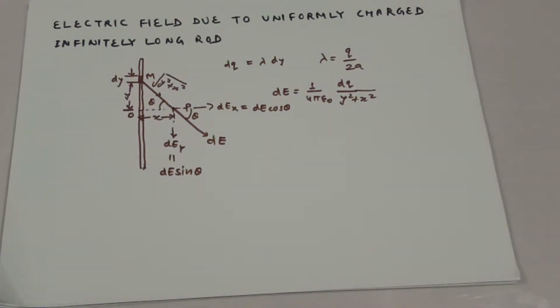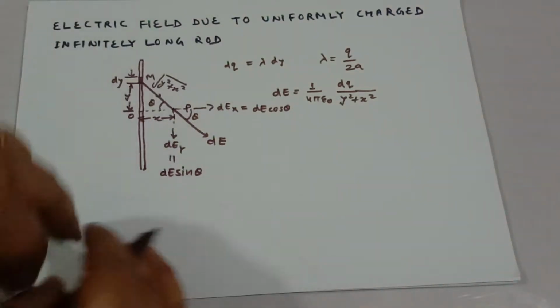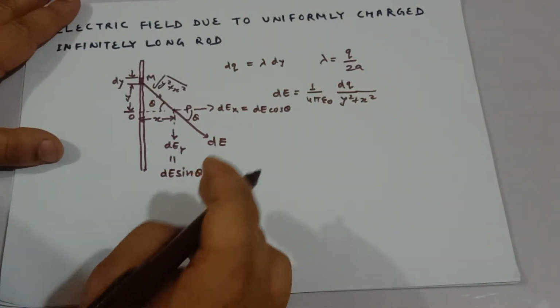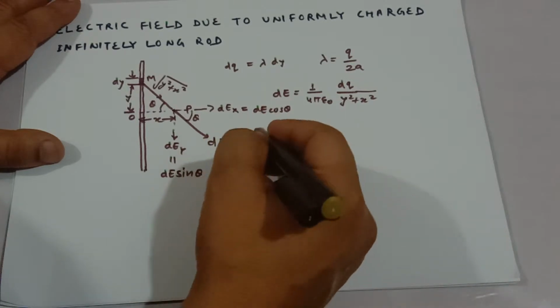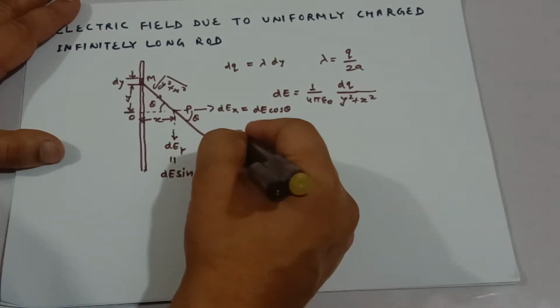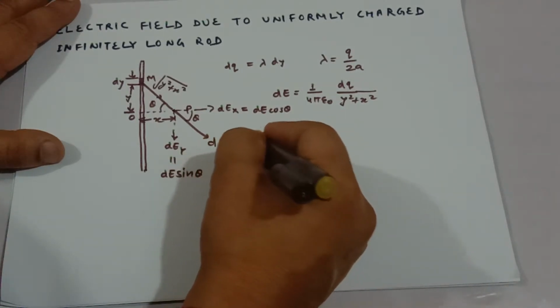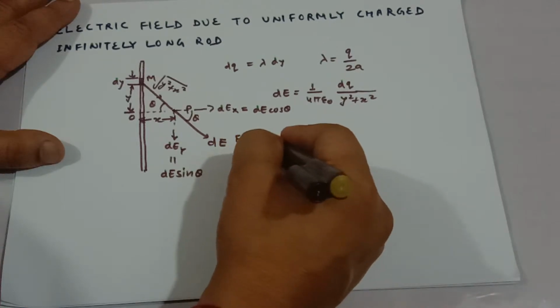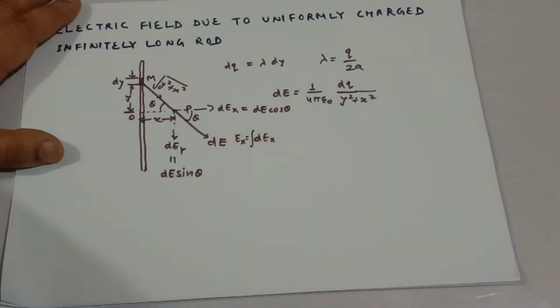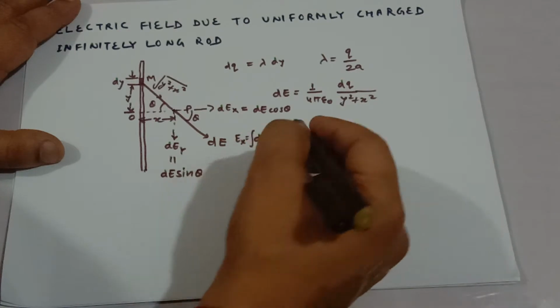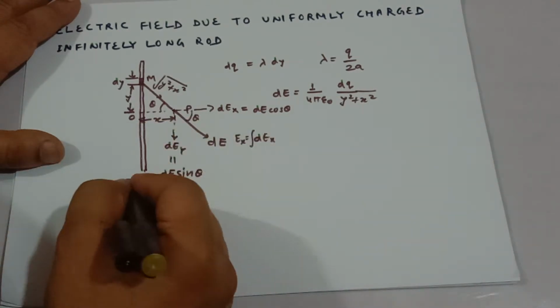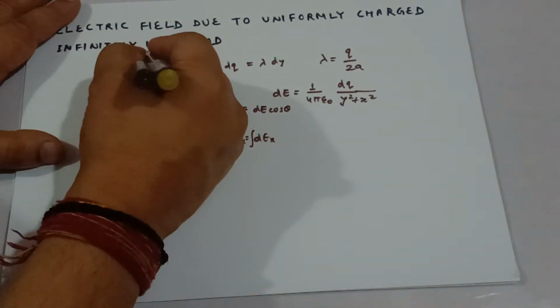So now we will try to calculate the electric field along the x-axis first of all. That electric field along the x-axis should be the integration along the x-axis of dEx, right? Here the length is from minus infinity to plus infinity.